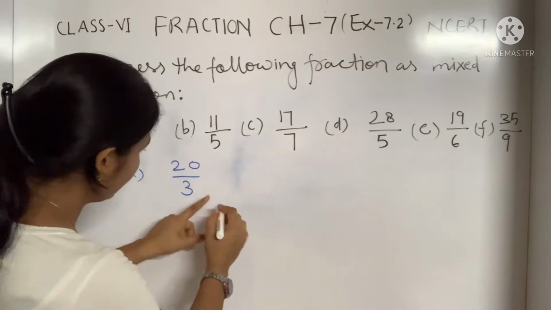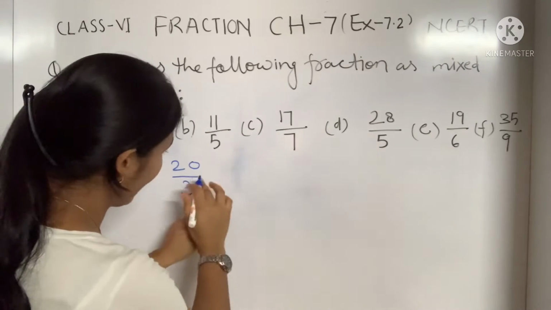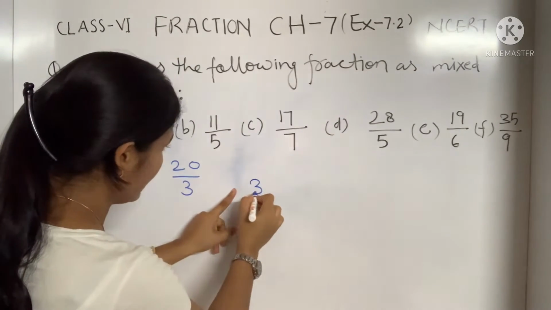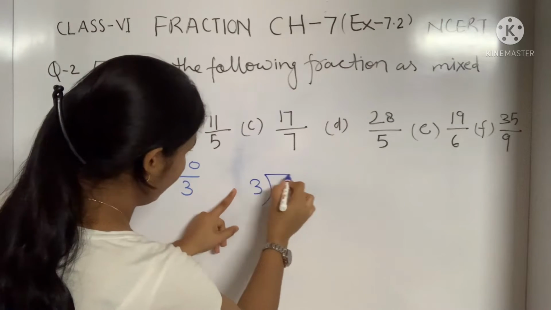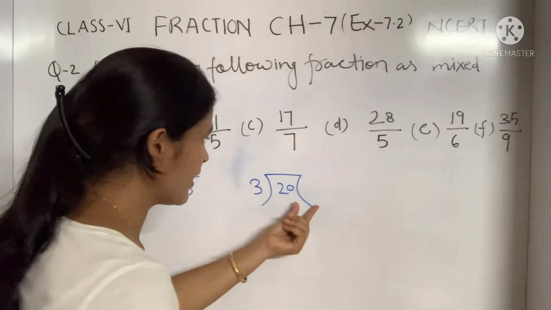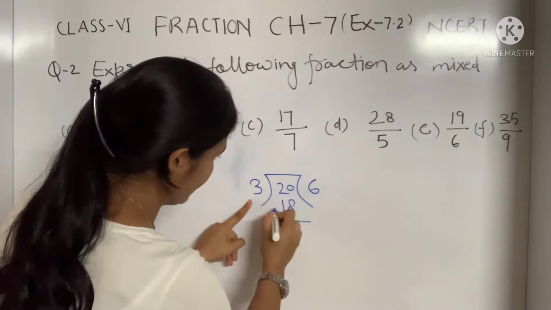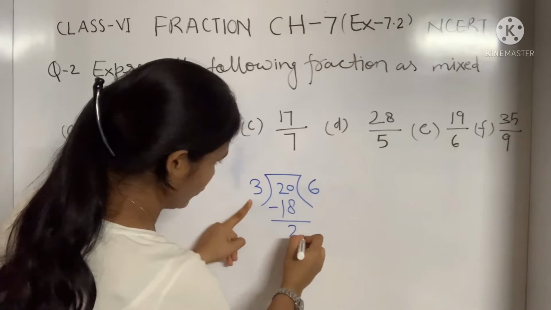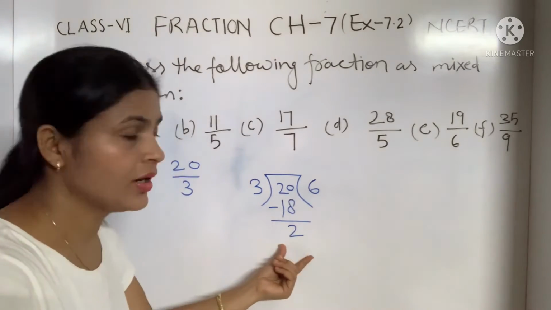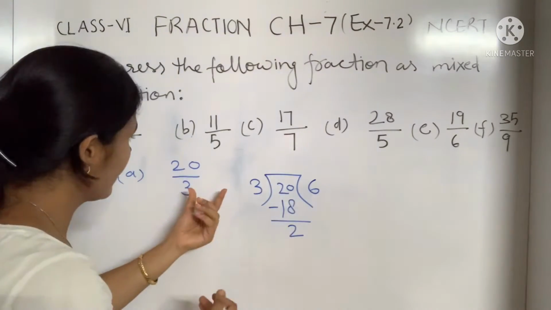First, we write the numerator and the denominator. We write 3 here and then 20 here. 3 6s are 18. It will go 6 times and we get 18. Now we subtract and we get 2. So this is the remainder.